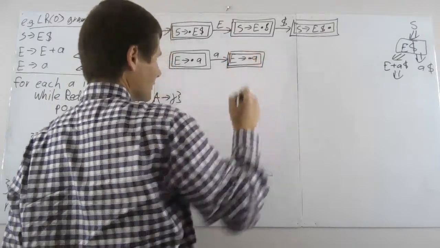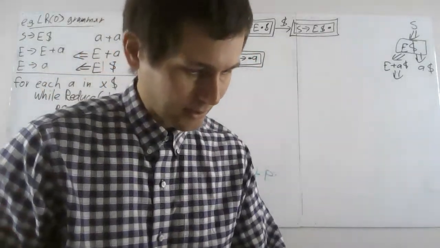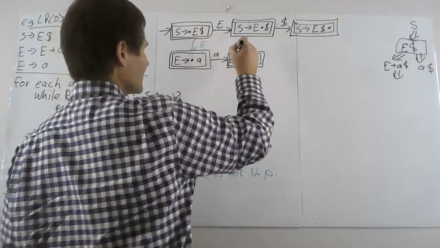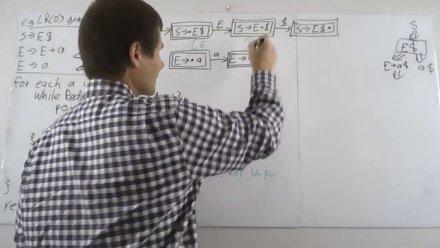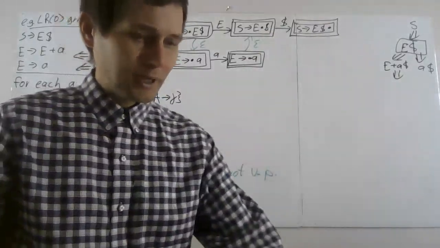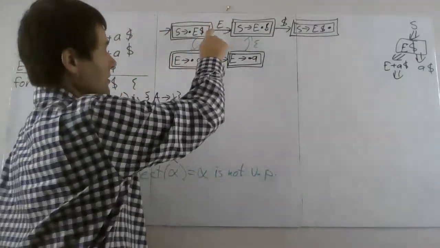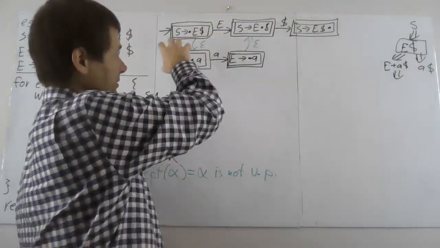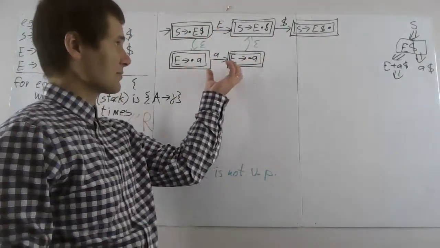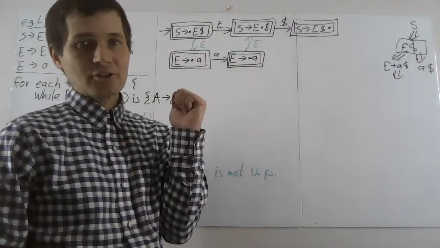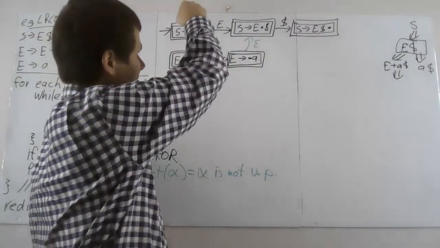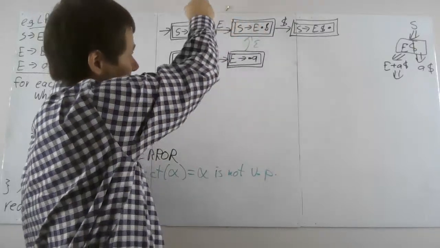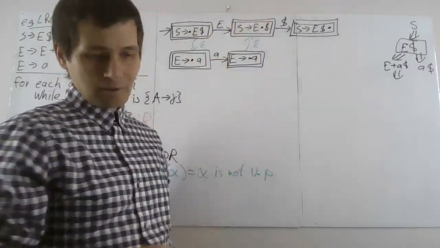But I'm going to make these edges here, and then I'm going to put epsilon transitions to here. So every time I have a transition with a non-terminal symbol on it, like E, I'm going to add some states for the right-hand side of that production rule, and then use epsilon transitions to say, you can either take the E, or instead of the E, you can go down here, take the A, and then come back.